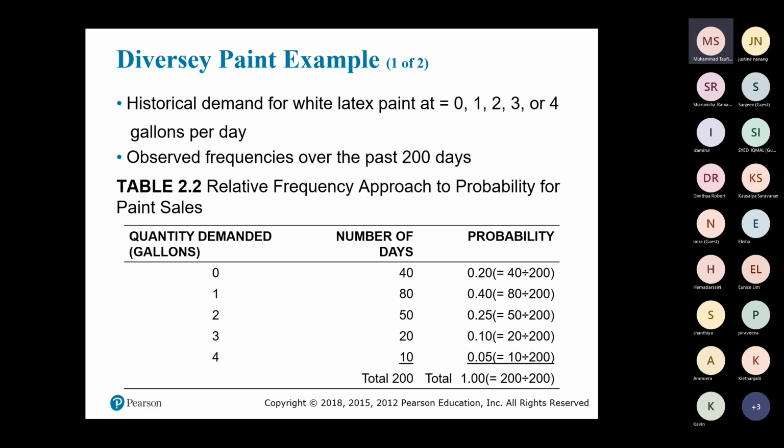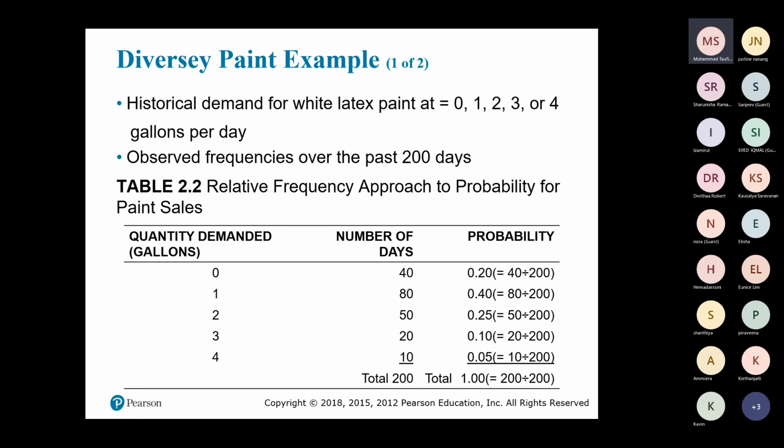And then this is the example. Historical demand for white latex paint is 0, 1, 2, 3, or 4 gallons per day. So you put classifications. You want to know how many gallons of white latex paint you sell every day, so you gather all the data.